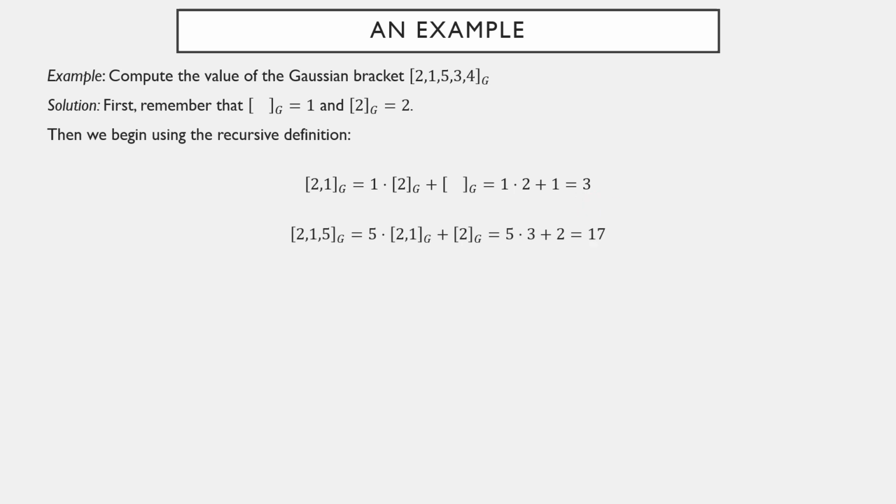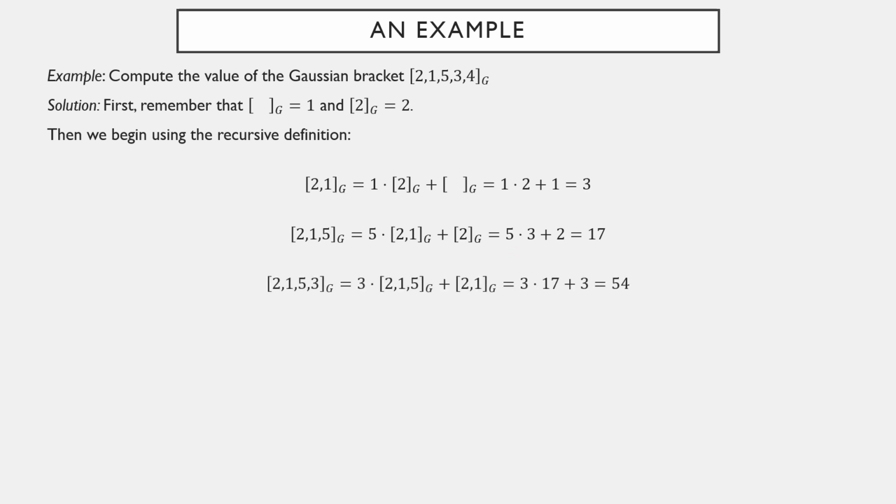And now we can keep going. The Gaussian bracket 2, 1, 5: we pull out the 5, multiply by the Gaussian bracket of everything up to that point. Then we add in the Gaussian bracket of cutting out the last 2 terms. If you excise the 1 and the 5 from the list, you're left just with 2. We just computed the value of this Gaussian bracket to be 3. This Gaussian bracket is defined to be 2, so we end up with a total of 17. And we're going to keep going in this way.